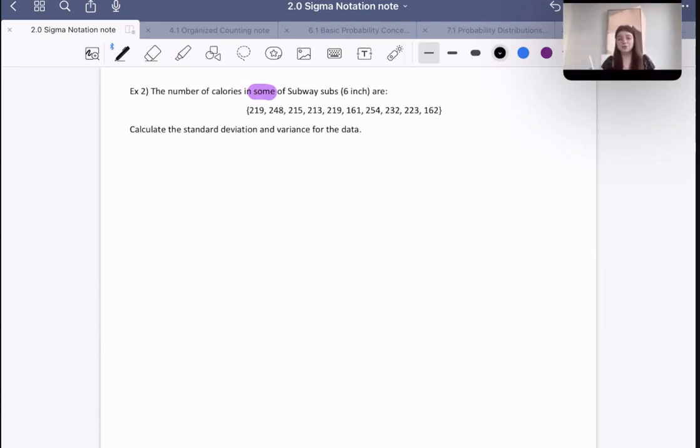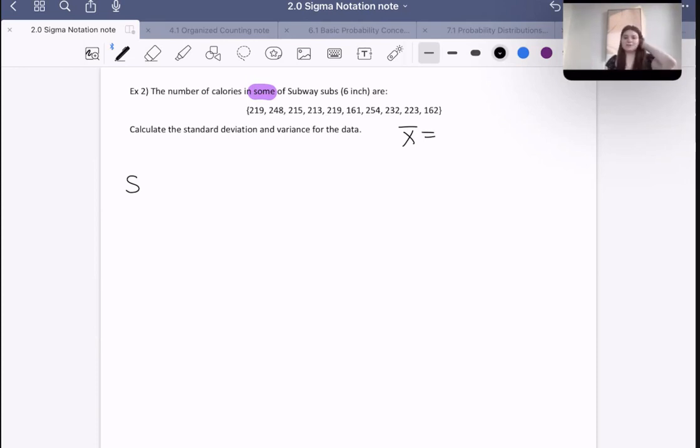So therefore, we need to calculate the sample mean, not the population mean. So we're going to be finding x bar. And it also means for our standard deviation, we're going to use s, rather than the Greek letter for standard deviation, which I actually forget because I'm so used to seeing that and thinking standard deviation.